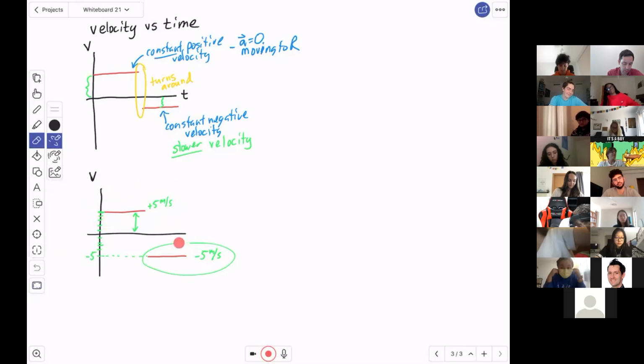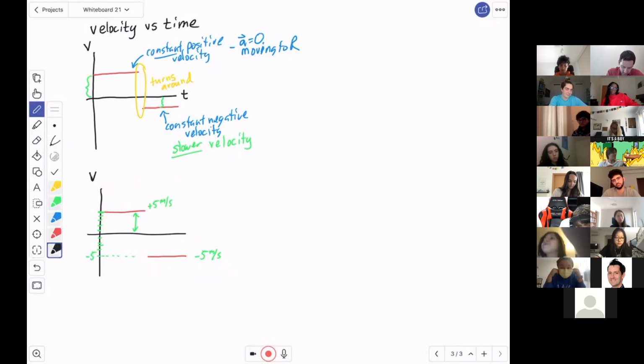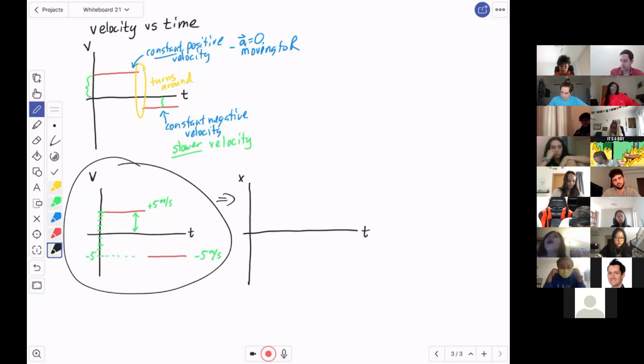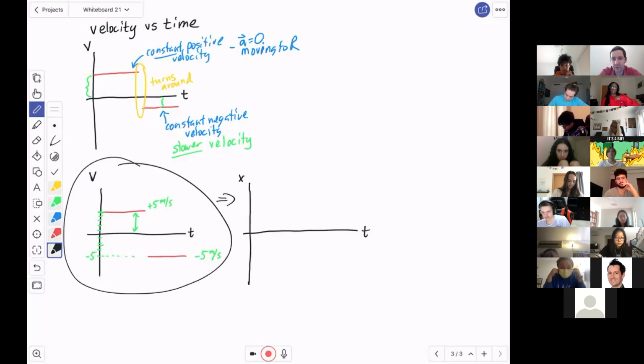Can we draw the same exact thing that's happening here, but draw that as a displacement versus time graph? What would this guy look like if it was displacement versus time? Telling exactly the same story, going 5 meters per second to the right, and then turning around and going 5 meters a second to the left. I'll give you a minute to think about it, and then we'll see if we can put it together.